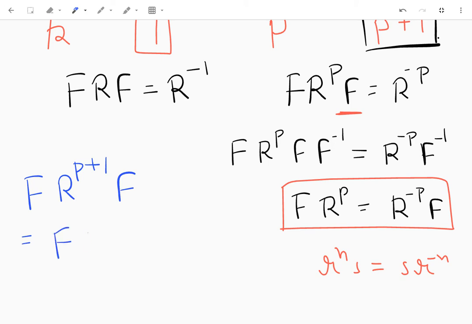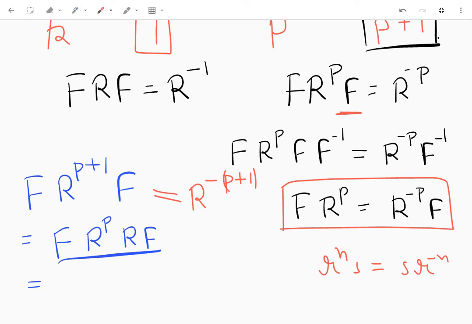So I will break down R^(p+1) into R^p and R. And what I have to prove is that this is equal to R inverse^(p+1). I have to prove this equal to this.